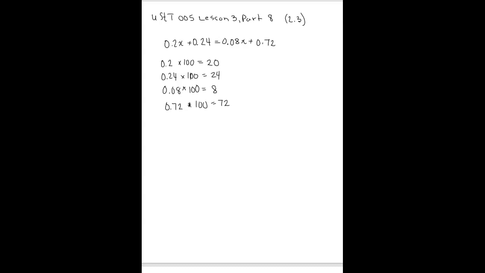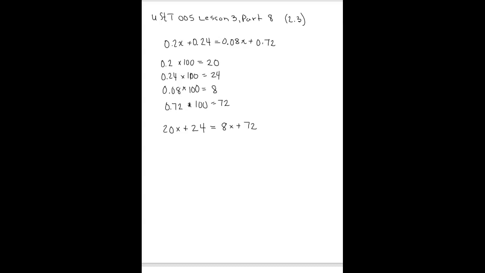So I'm going to rewrite this with our new numbers. So I've got 20x plus 24 equals 8x plus 72. All right, I'm going to go ahead and start moving things around to isolate that x.